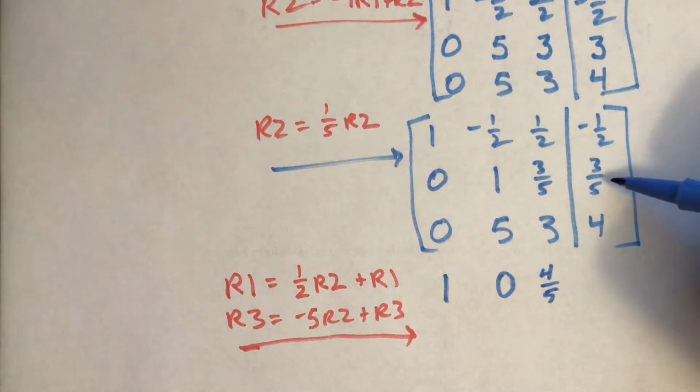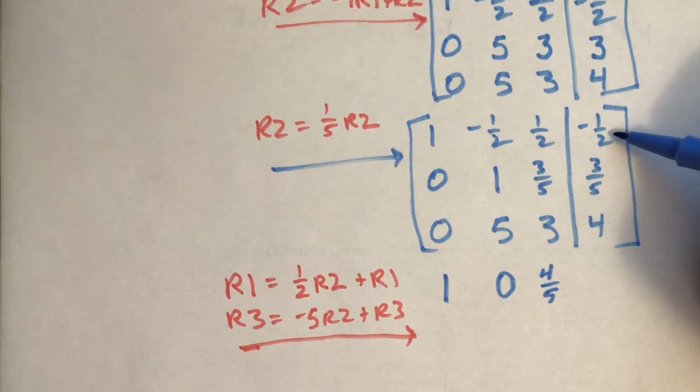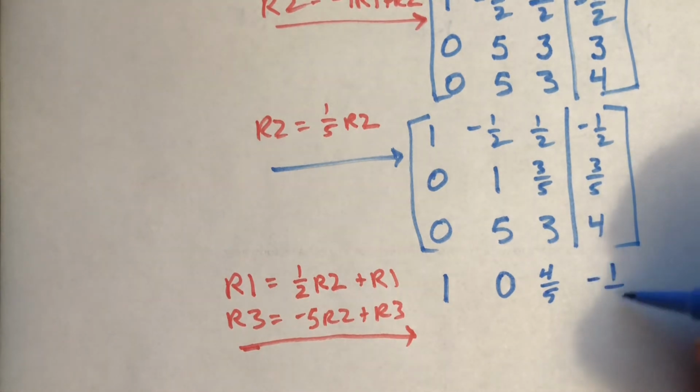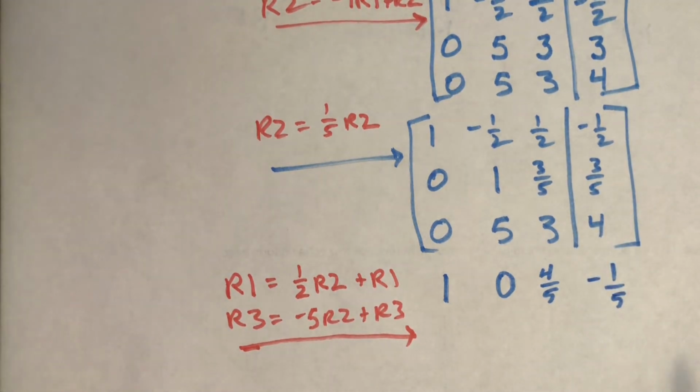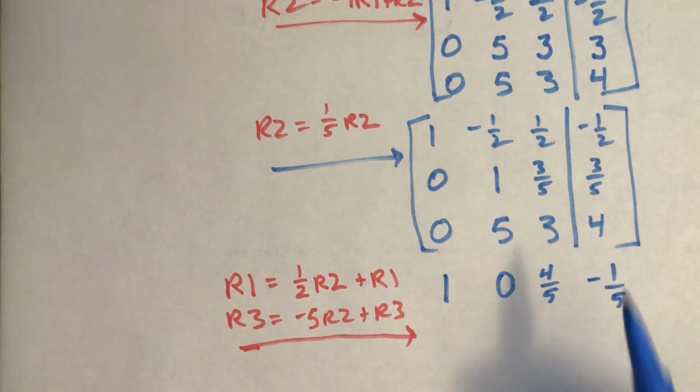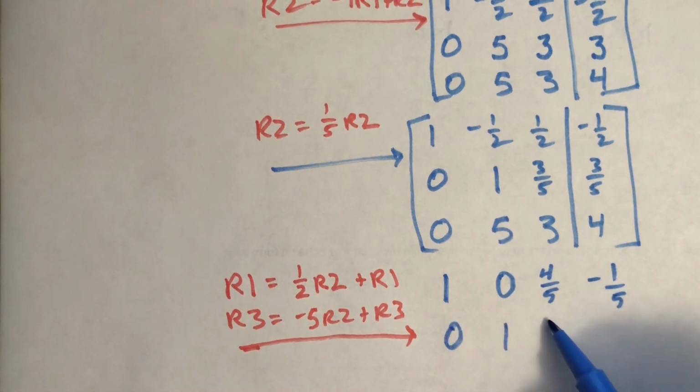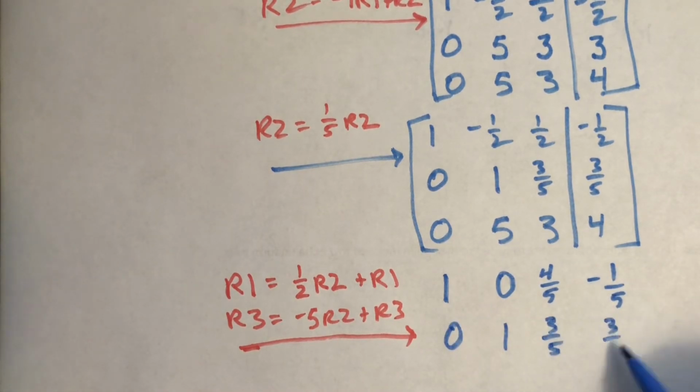And then we can do the same thing here. 1/2 of this one is 3/10 plus negative 1/2 would be negative 2/10, so that's negative 1/5. Okay, we can do fractions. And then row 2 isn't changing. We've got 0, 1, 3/5, 3/5.